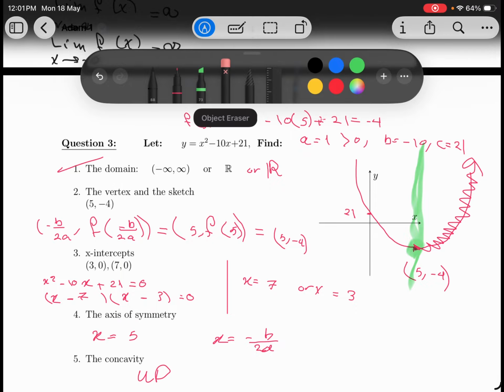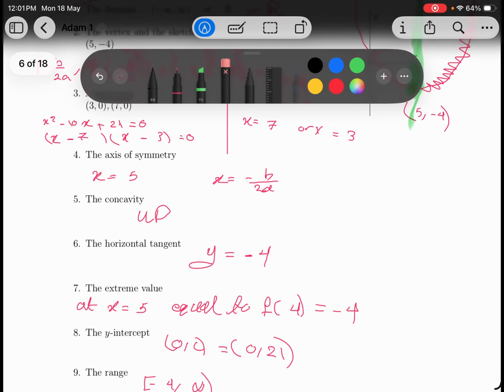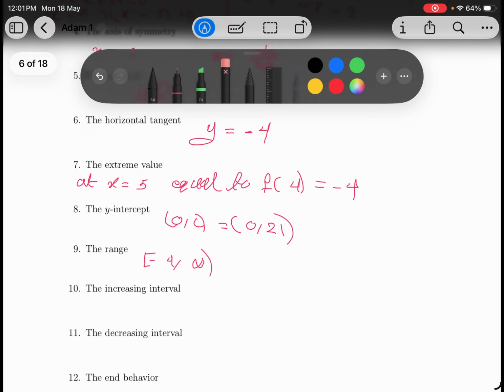So the increasing started at 5, sorry, up to infinity. Whether you write it from 5 to infinity or open interval 5 to infinity.